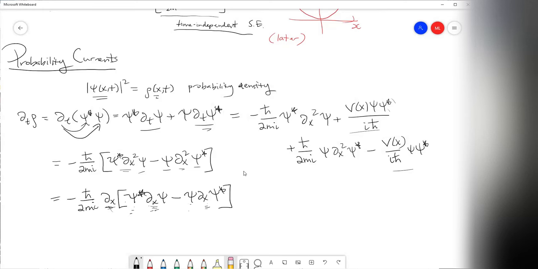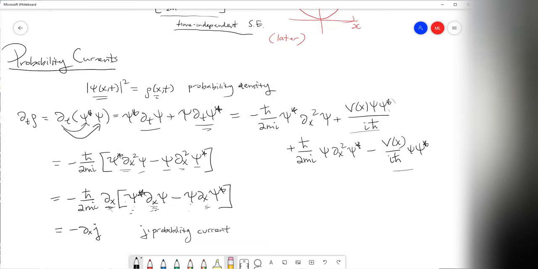And why would we write it that way? Because then we can interpret this as minus the derivative, and you can think of the single derivative as a gradient of some quantity j. And this is called a probability current. Why is it a current? Because this equation that you get is the continuity equation.